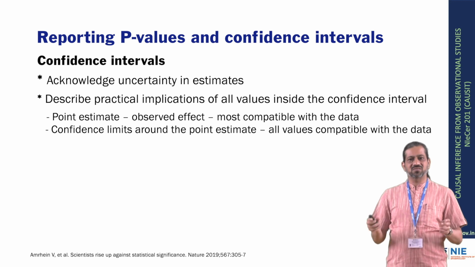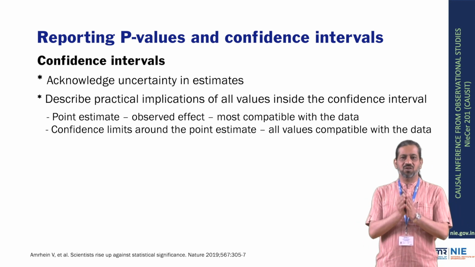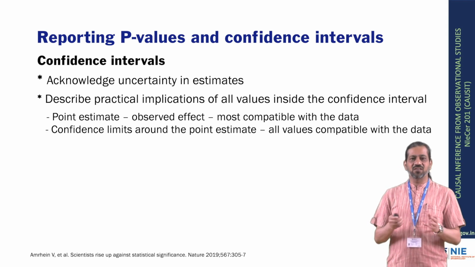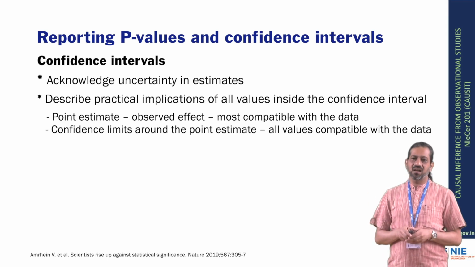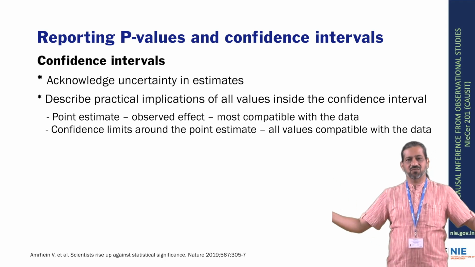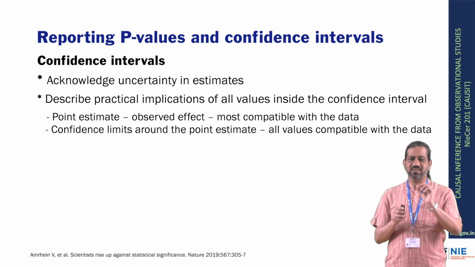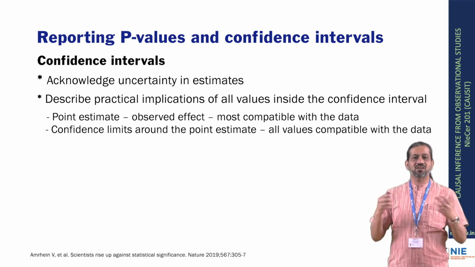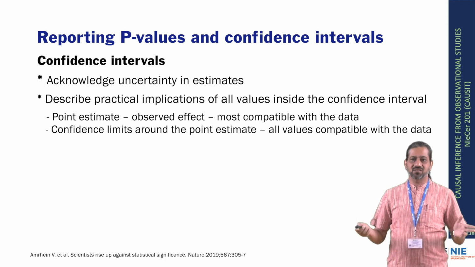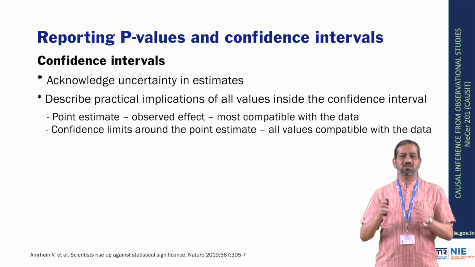But of all these values, the point estimate is the most compatible value with our data, and values near it are more compatible than those near the limits of the confidence interval. So we need to discuss the point estimate even if there is a large p-value or a wide interval, and discuss the actual limits of the confidence interval and make inference based on these limits.